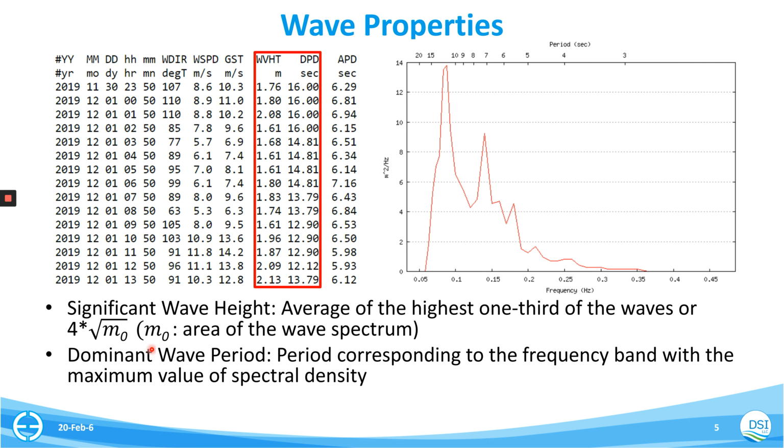It's also 4 times the square root of the area of the wave spectrum. So here you see the wave spectrum: the y-axis represents the wave energy density, and the x-axis is the wave frequency.